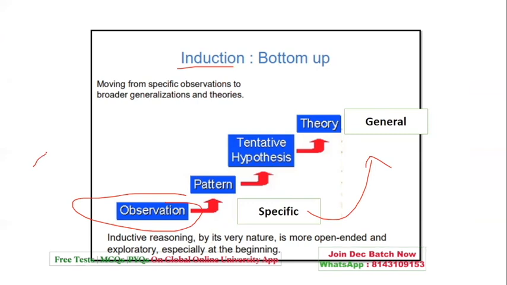Induction means you keep on adding, so it is bottom up, scaling up. You have a specific, you go from one to many, that is general. It is cumulative: you keep on adding. So in the form of observation, pattern, hypothesis, and then you come to a theory.